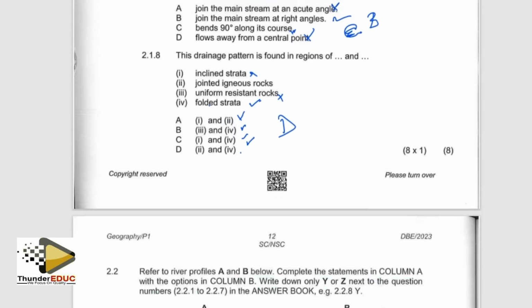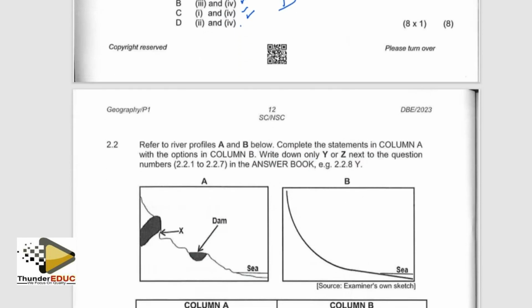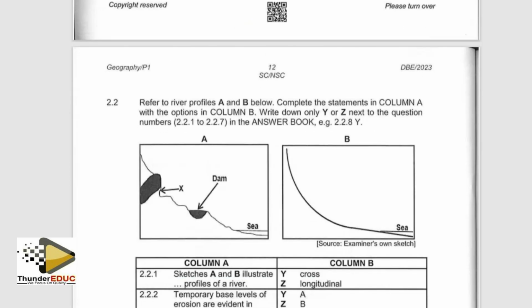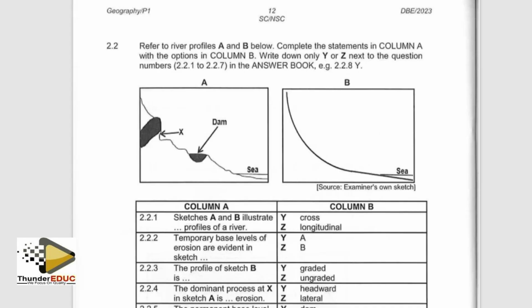The next question says we are referring to these two here, and we answer the questions that are there. Remember you said learners will interpret first before we look at the questions. Look at this. This drainage pattern is not uniform. This one is uniform.